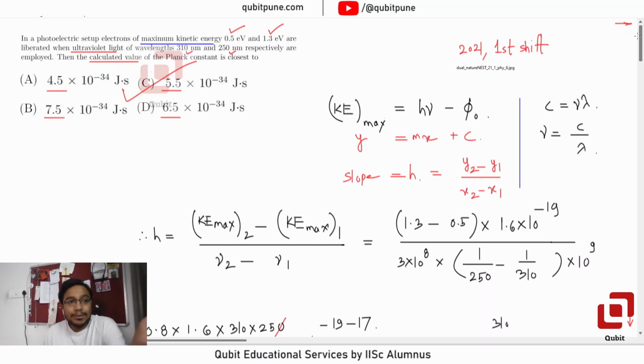Maybe, who knows, in option B they may give 6.626 into 10 raised to negative 34, which is closer to the actual accepted value. Don't do that. You're supposed to calculate it using the data. That's why they have used the word calculated. That means they don't want the value that you know. They want you to calculate the value, and that value happens to be option C.